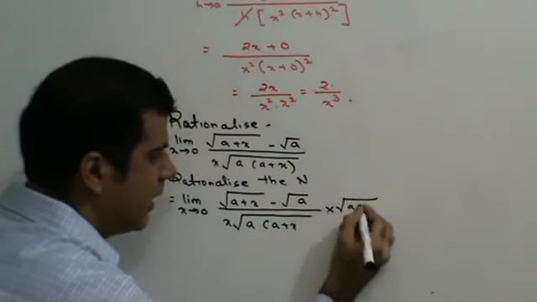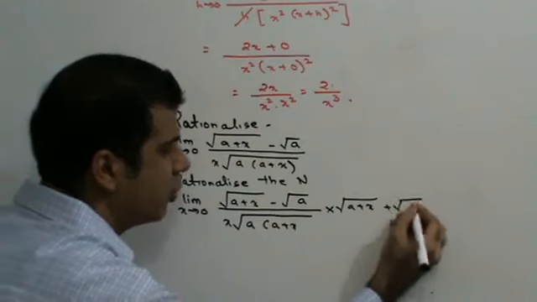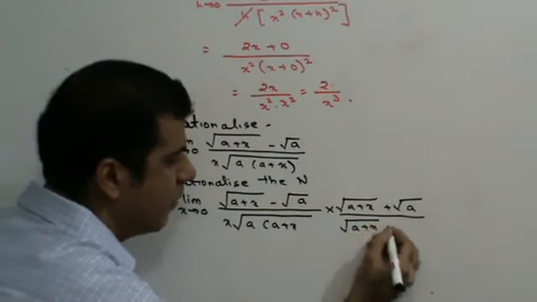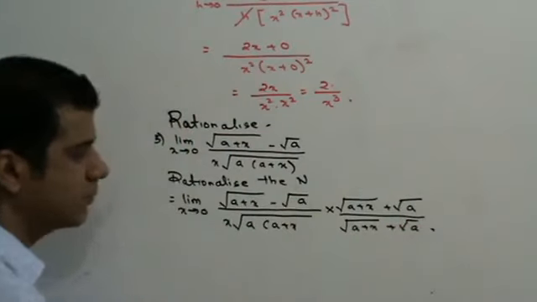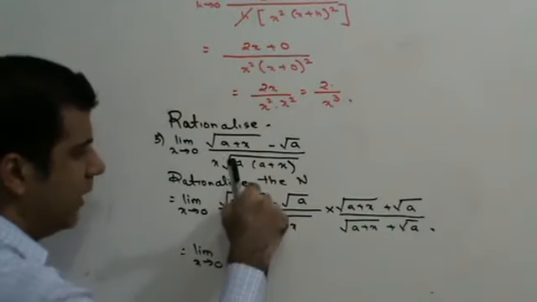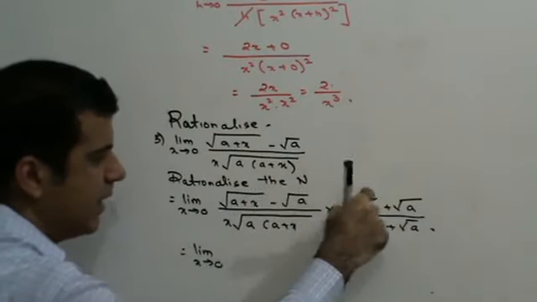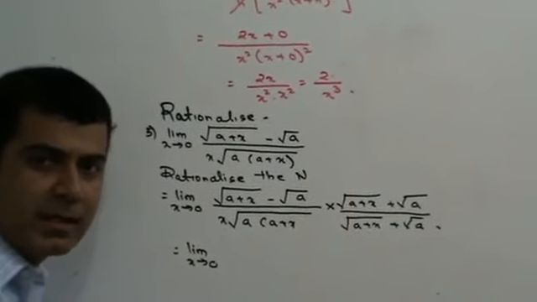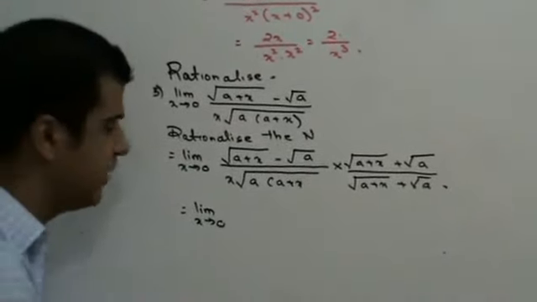So this will be root of a plus x plus root a upon root of a plus x plus root a. Now, the numerator is in the form a minus b, a plus b. A minus b, a plus b is nothing but a square minus b square.